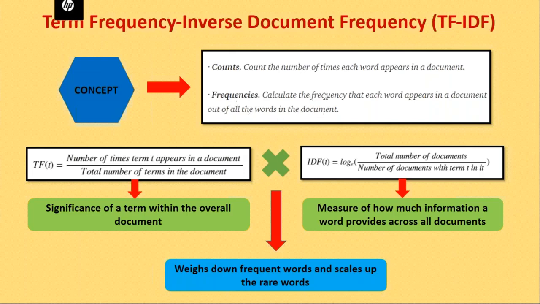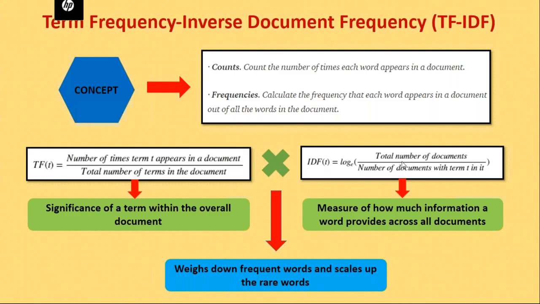By calculating the frequency, what extra thing are we going to know? We can find out whether a particular word is a rare word or a most frequently occurring word. We need to differentiate between the rarely occurring words and the frequently occurring words. Term frequency represents the bag of words concept, and this term frequency is multiplied with inverse document frequency.